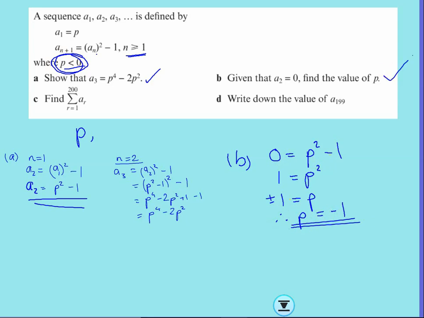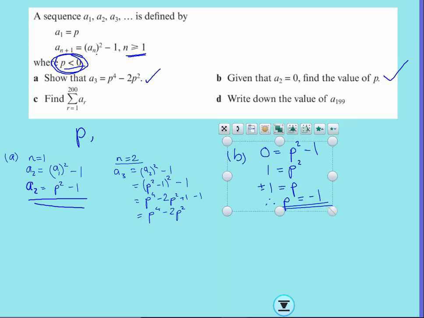So we've done B. Right, C, bit of sigma notation. So we're putting everything together today. I'm just going to change colour so we can easily see the work. Right, so we've got to find the sum of this sequence, A subscript R, starting at 1, going all the way up to 200 terms.